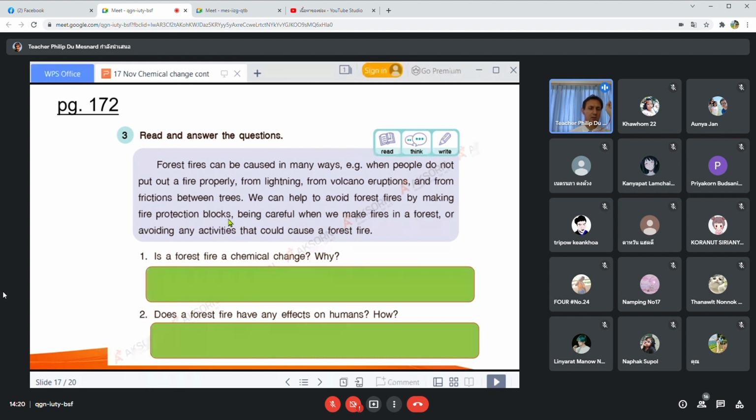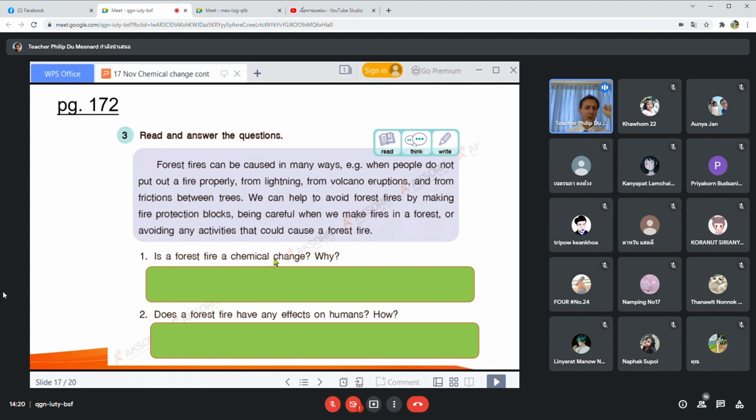That just means there's a piece of land where there are no trees, so it cannot burn. We have to be careful when we make a fire in the forest, and avoid activities that could cause a fire. For instance, if you're smoking and you throw the cigarette out of the window, it's bad. You can start a fire in the forest. And also, if you have a campfire, be careful and don't cause a forest fire.